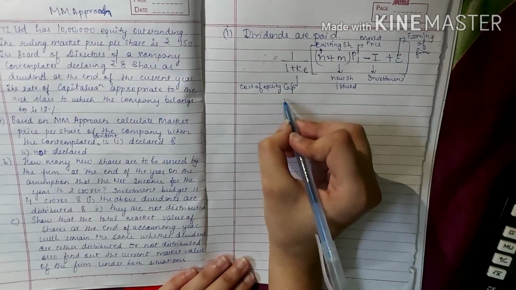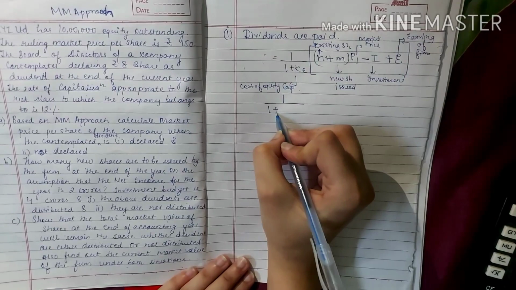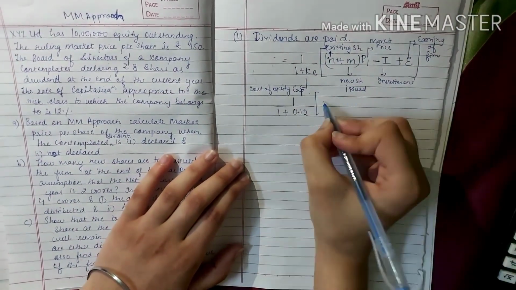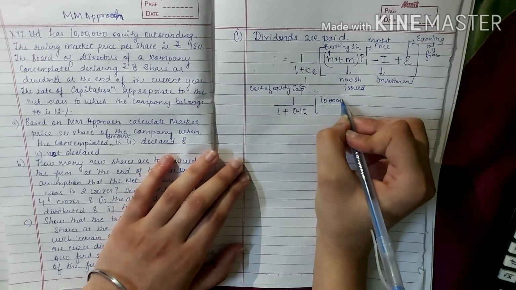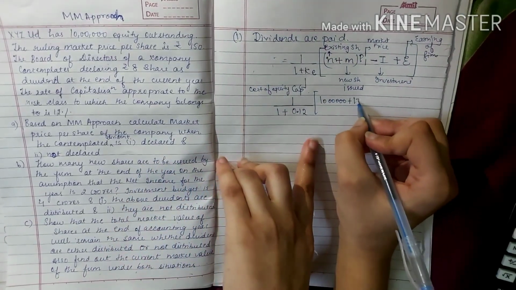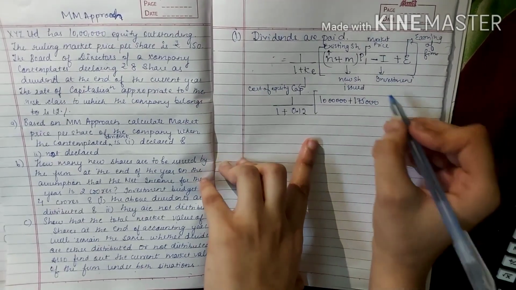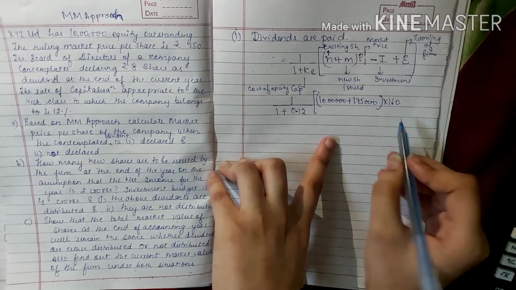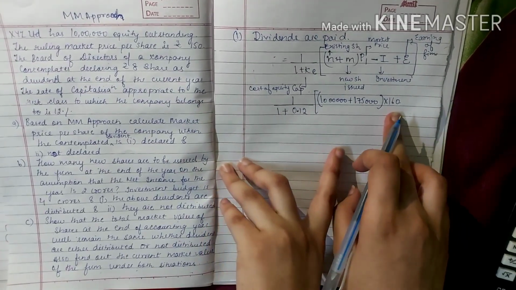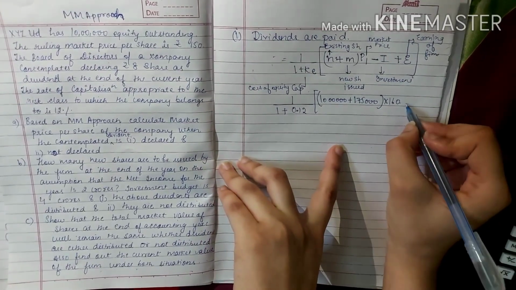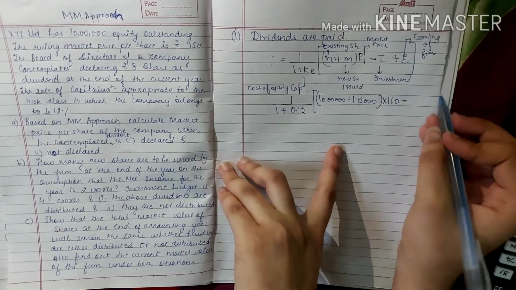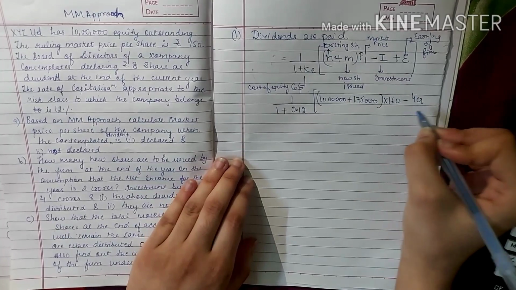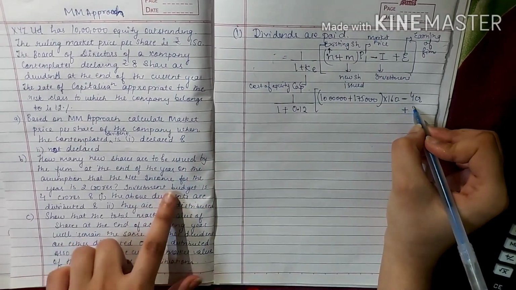Now just put the values. 1 upon 1 plus KE. KE was 12% or 0.12. N, existing shares, 10 lakh. And new shares were 1,75,000 when dividends are paid. Now multiplied by 160, that is the market value of the shares when dividends are paid, minus investment. Investment is 4 crore and plus earning, that is 2 crore net income.